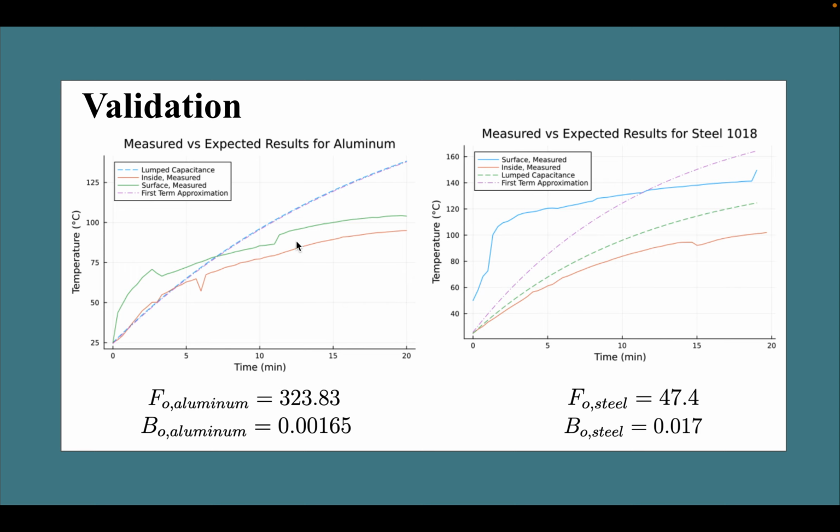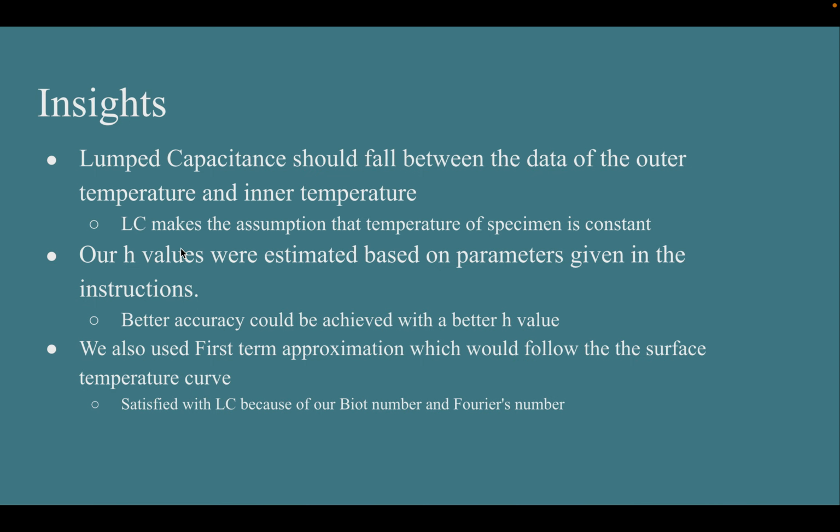And it's important to note that the lumped capacitance way overshoots it, and Braxton mentioned that this was because of our H values that were within the parameters given for the assignment, but we believe were inaccurate because we had to scoot the heat gun away so it wouldn't melt the styrofoam.